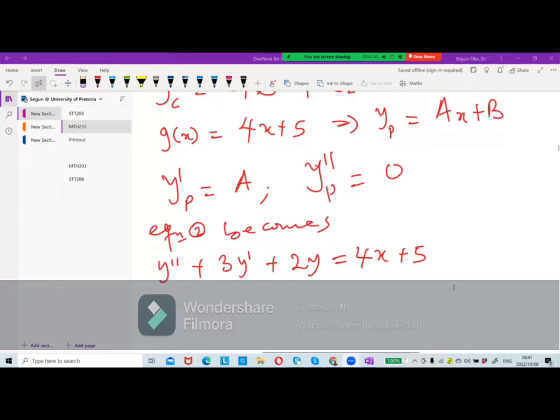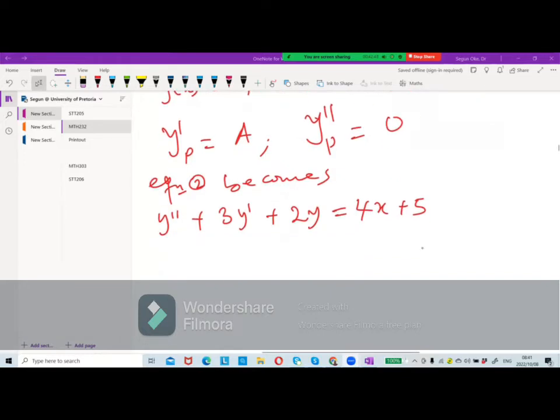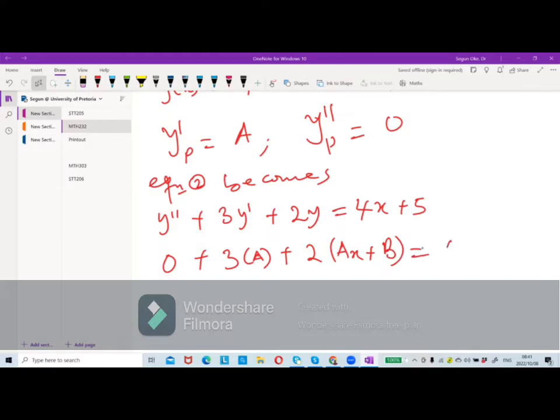So let's substitute our values into it. y prime prime is what? 0 plus 3 of what? a, plus 2 of what is our y? ax plus b, equals 4x plus 5. So at the end of the day, we have here 3a plus 2ax plus 2b equals 4x plus 5.